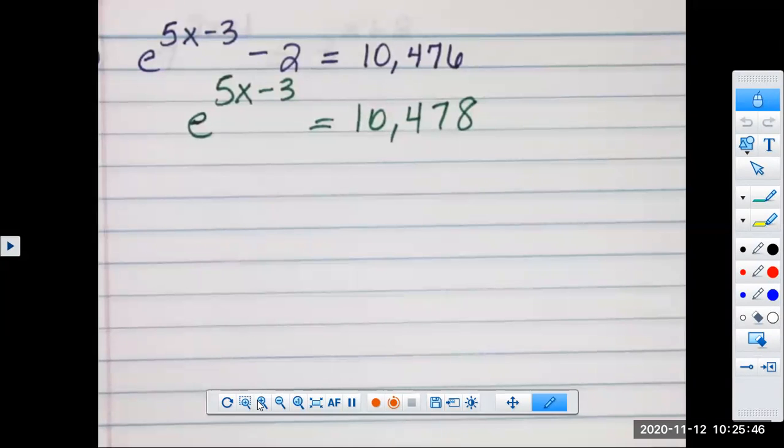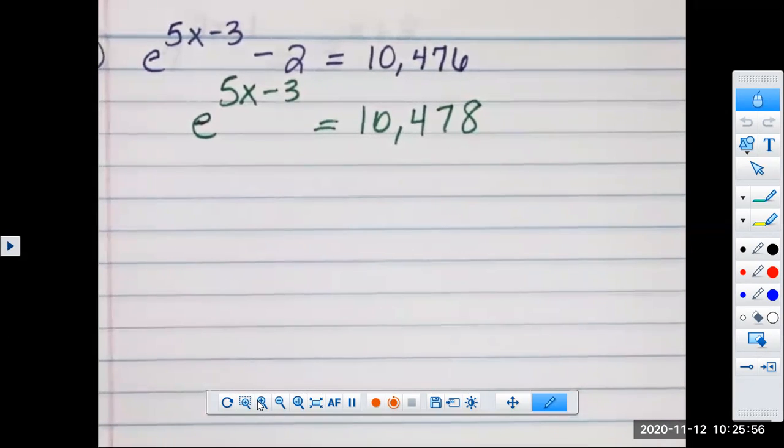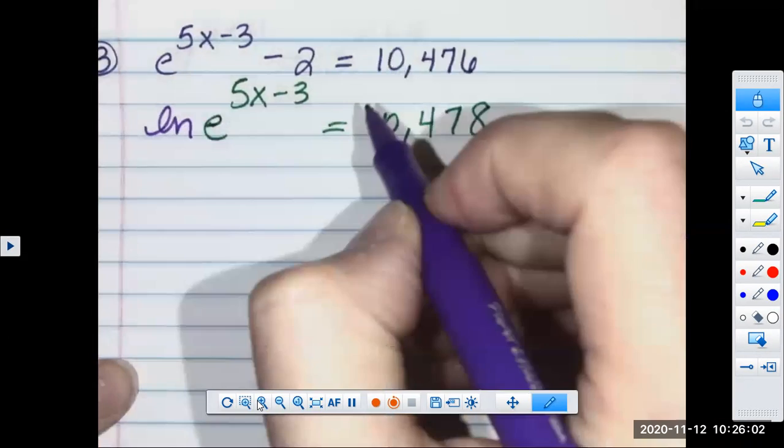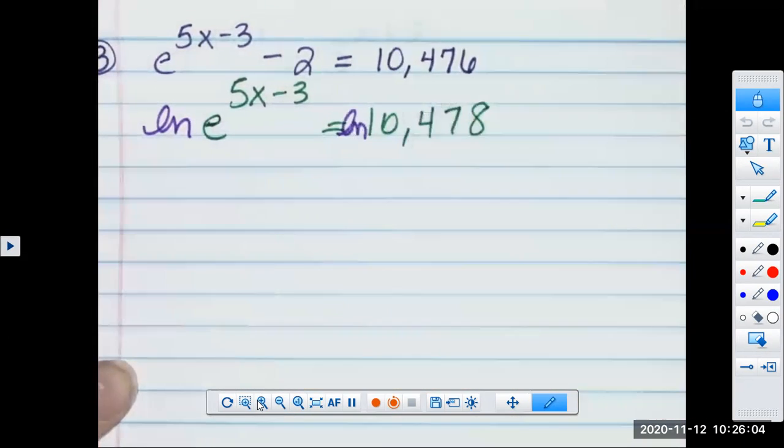Okay, your base is e, and of course you definitely can't get both sides to be some power of e. So you need to take what of both sides? If your base is e, you're going to take the natural log of both sides.